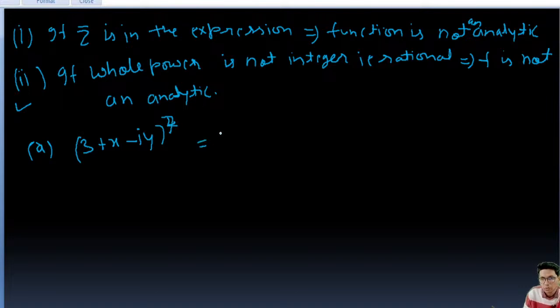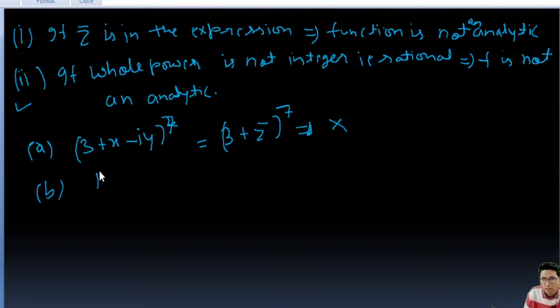So we can write x minus iy as z bar, so it is z bar whole to the power 7. So clearly it is seen that in this expression z bar is present, which means it's not an analytic function.